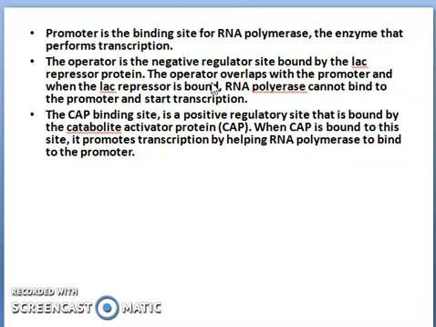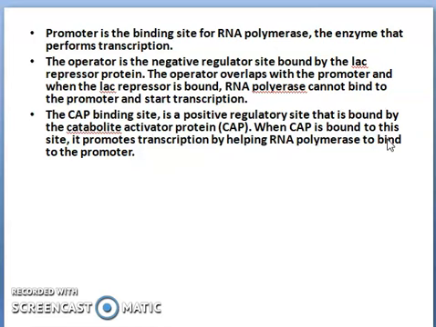Now the operator overlaps with the promoter, and when the lac repressor is bound, RNA polymerase cannot bind and start transcription, which I have discussed now. Now the third point deals with the CAP binding site, which is a positive regulatory site that is bound by the catabolite activator protein, CAP.